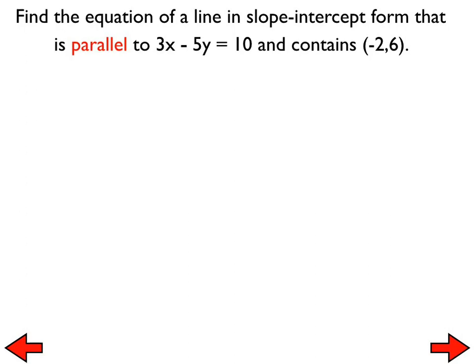Put it in slope-intercept form. So do that. Let's put it in slope-intercept form. We have to solve it for y. And I know when I asked that question, some of you quickly did that in your head. If you're going to do that, just be careful. But you need to put it in slope-intercept form before you can find the slope.